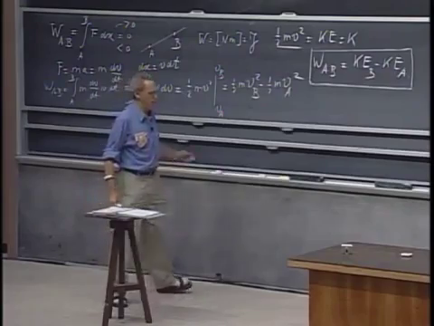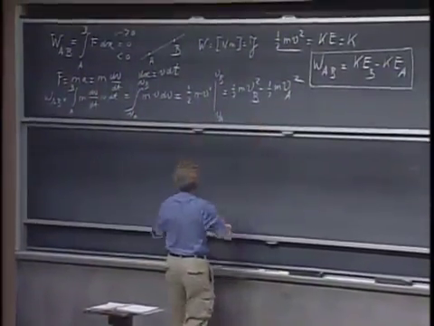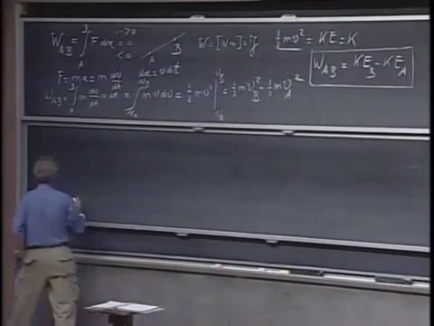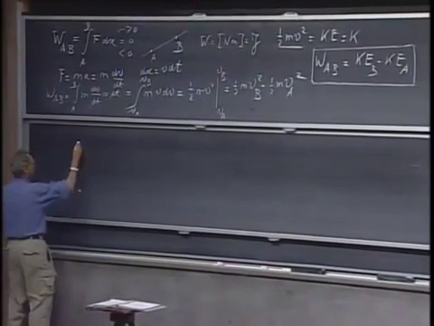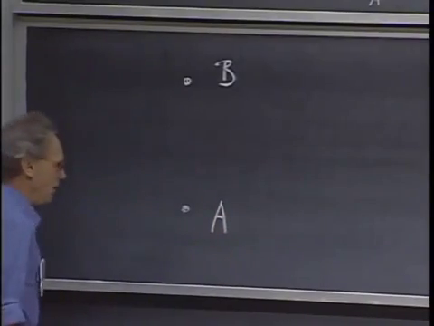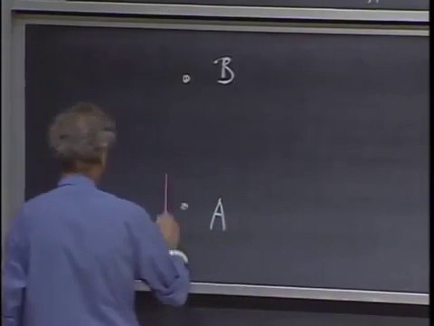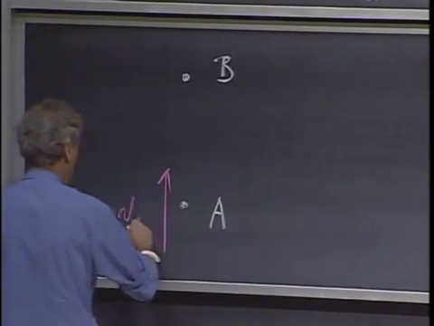Let's do a simple example, applying this work energy theorem. I have an object that I want to move from A to B. I let gravity do that. I give it a velocity. Here is the velocity vA.